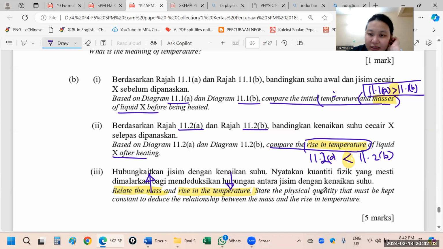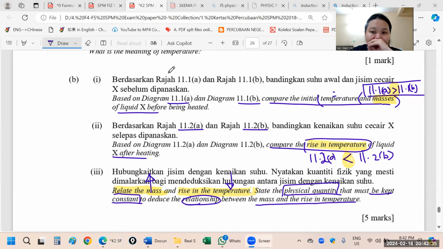Then state the physical quantity that must be kept constant to deduce the relationship between the mass and the rise in temperature. So what should be kept constant? Yes.